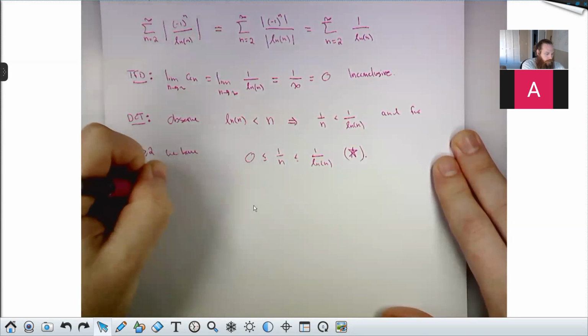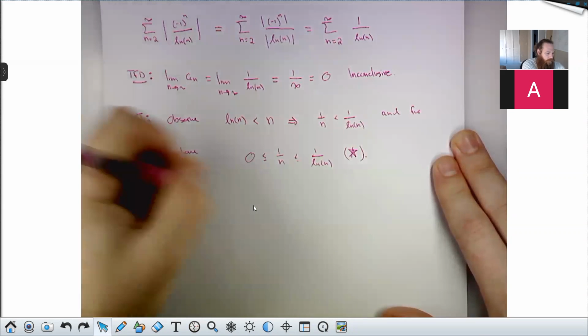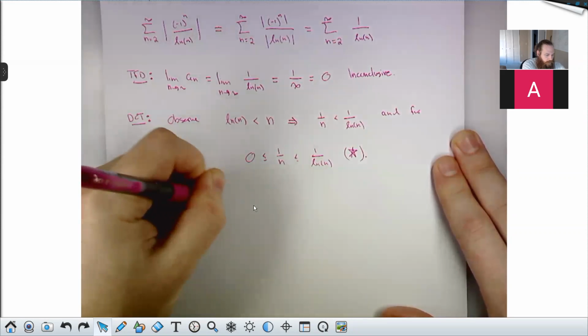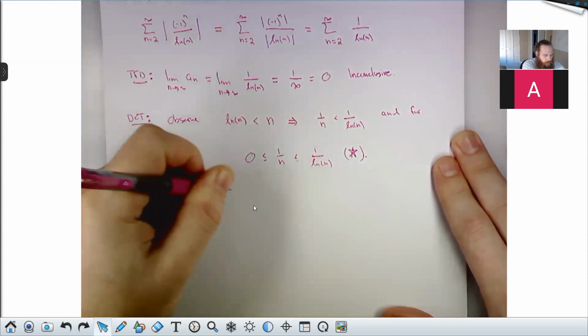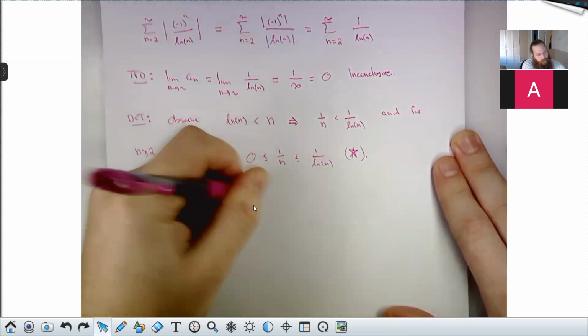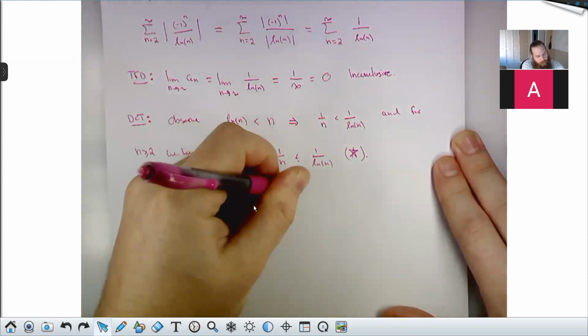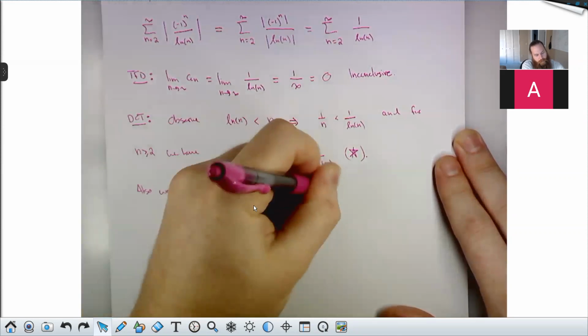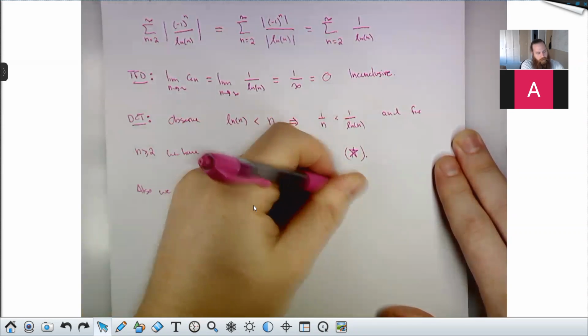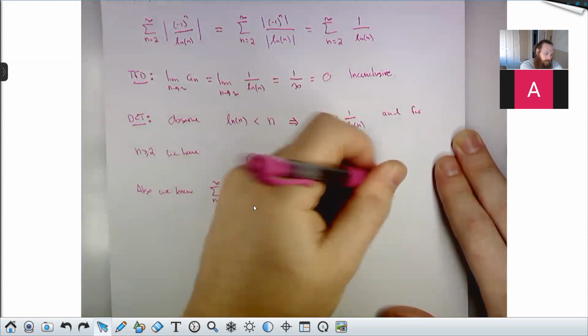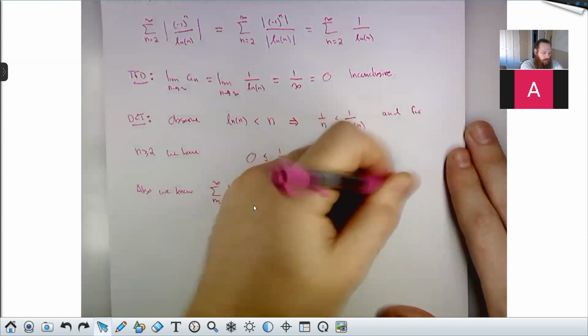Also, we know that sigma n from 2 to infinity of 1 over n is a divergent p-series. P here is equal to 1, which is not bigger than 1.